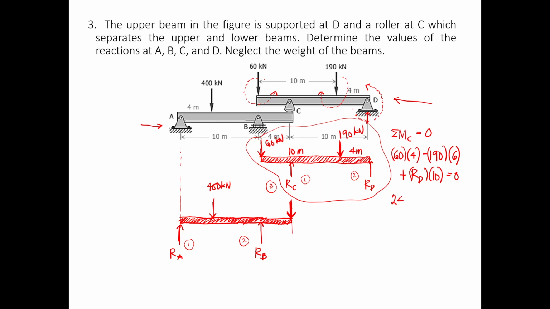So that will be 240 minus 1140 plus 10 RD equals 0. 240 minus 1140 is negative 900, plus 10 RD.